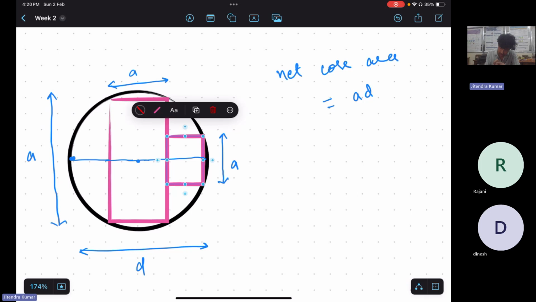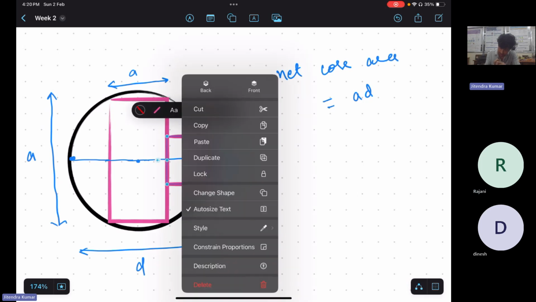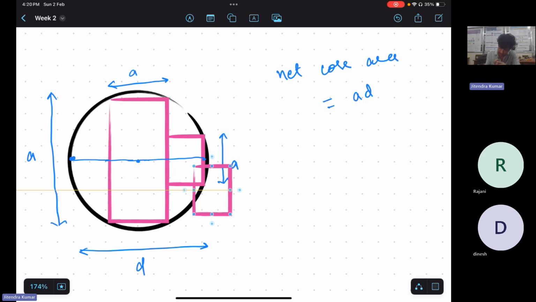This is up to here only. So this horizontal rectangle has the area of A into D, right?